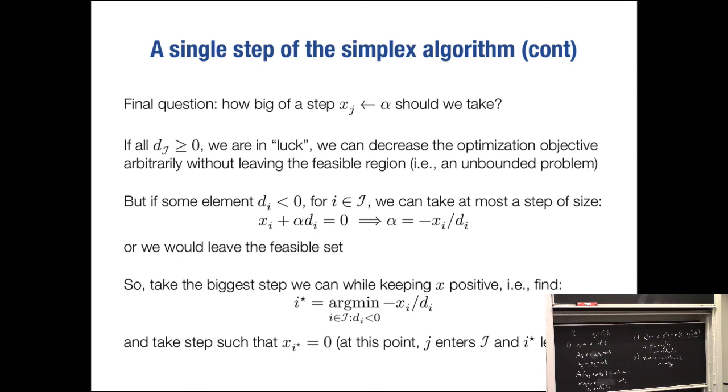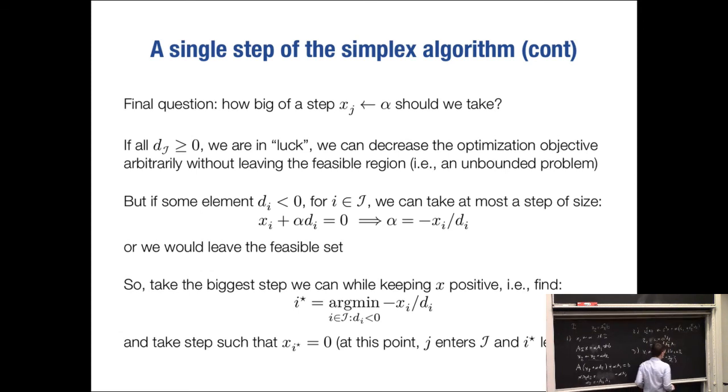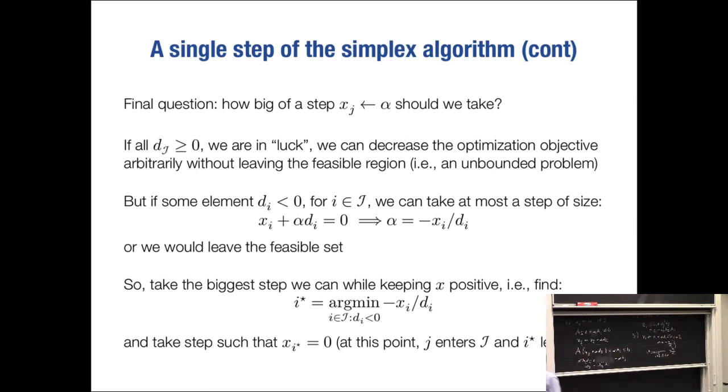The way I do that, remember, these are my step sizes here, is I find the i star, which is the argmin over i in my index set, such that di is negative, of xi over di. I actually don't even care what the step size is. I just care which component is going to hit first. I'm going to take that size.